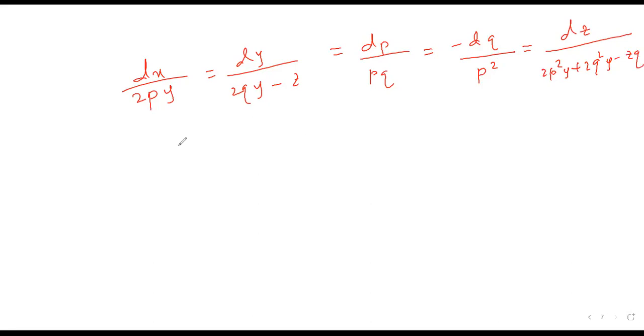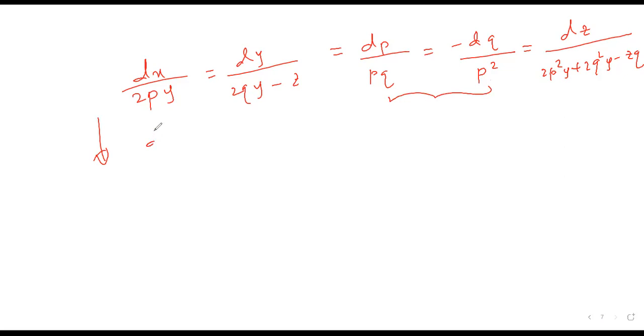According to the method, we are going in steps. There's a working rule I have given you. In that sense, I'm going to choose dp and dq, these two terms.